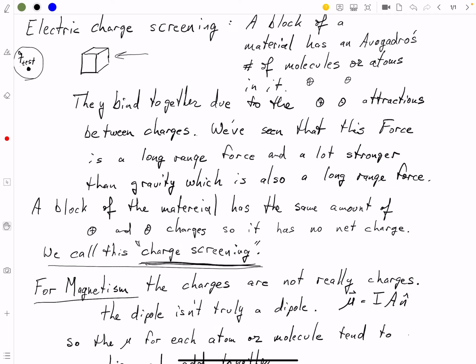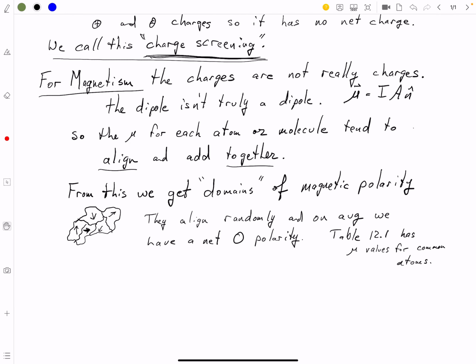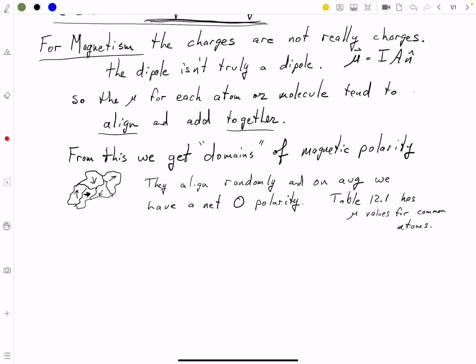Well, for magnetism, the charges are not really charges, so we don't have charges. The dipole isn't truly a dipole. It's a current flowing, right? So we've got this current flowing, and, not caring about the area for a second, it's a loop, all right?